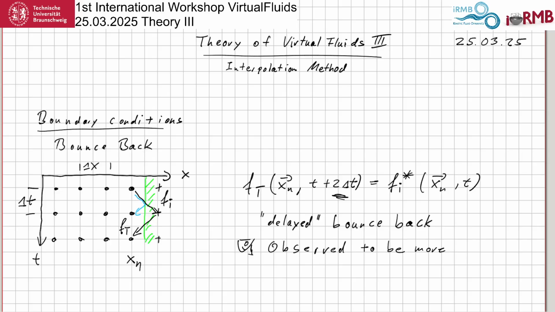And then when these codes were compared, the observation was that the ones using non-delayed bounce back were less stable than when you use delayed bounce back. Yeah, but I don't really know whether this is always the case.